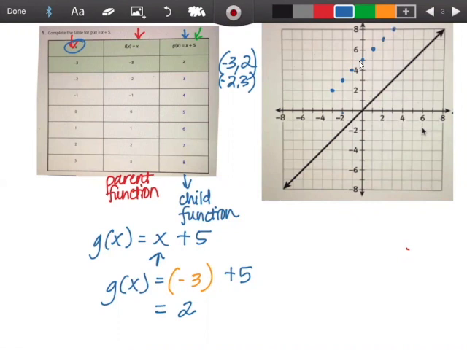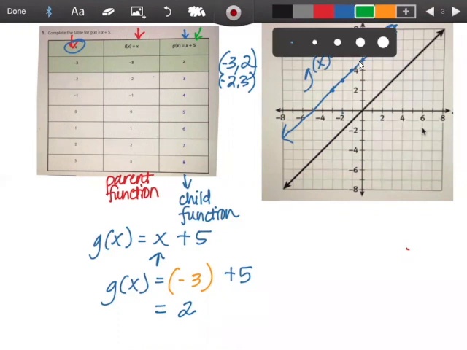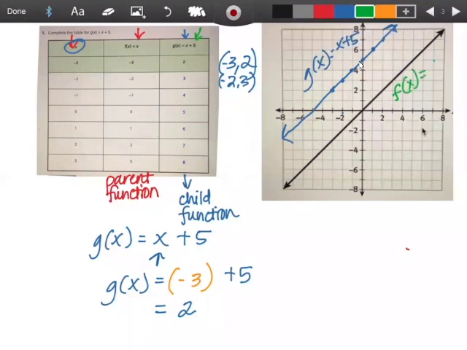Okay. And if we were to draw this line and connect our graph, we would now have a child function. So this function is g of x is equal to x plus 5. And this parent function is f of x is equal to x.